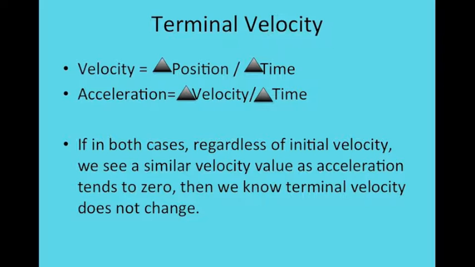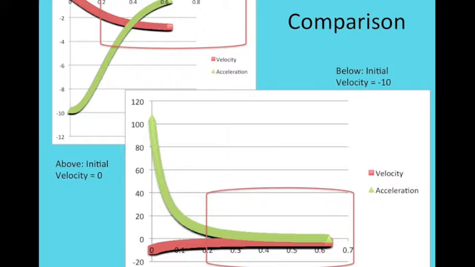From our data, we can determine that both models are approaching the same velocity as acceleration approaches zero. Then, terminal velocity is not changing, regardless of the initial velocity. This is exactly what we see in the graphs of our data. Regardless of the initial velocity, both accelerations tend to zero and both velocities tend to around negative 2.1.